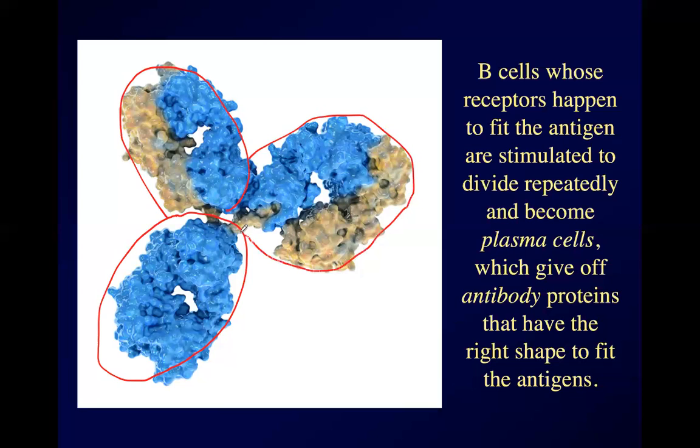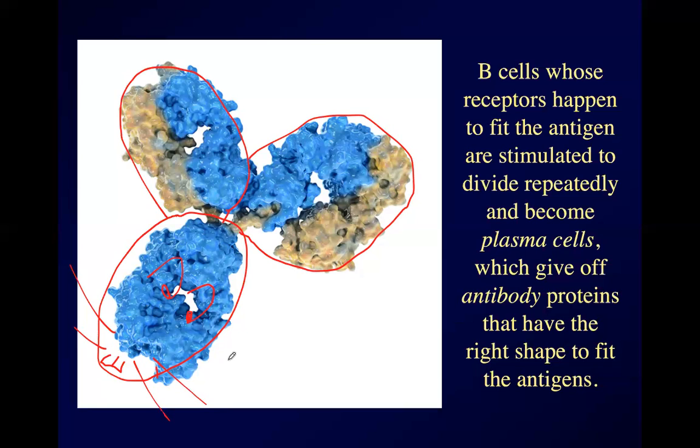Actually, that looks a little bit more like the Easter Bunny. See, there's the whiskers, right? It's the Easter Bunny. Okay, and those ears of the Easter Bunny, those are the parts of the antibody that are extremely variable.